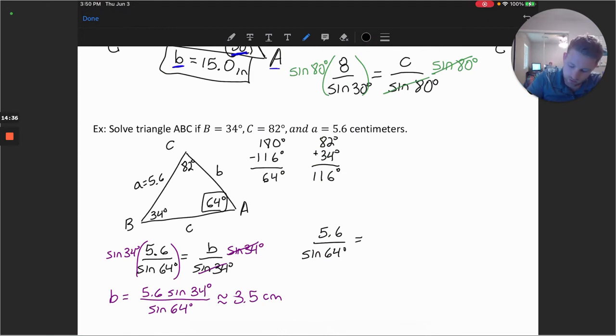This is equal to side length C, and then we'll have the C angle, which is the sine of 82 degrees.